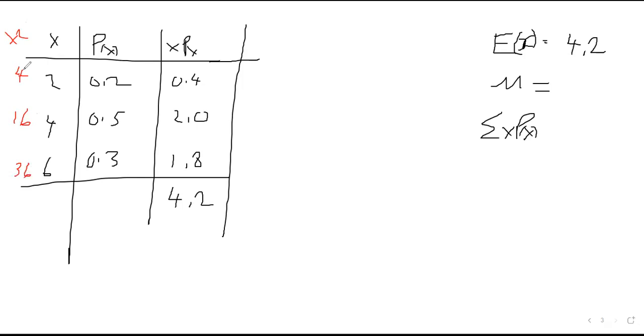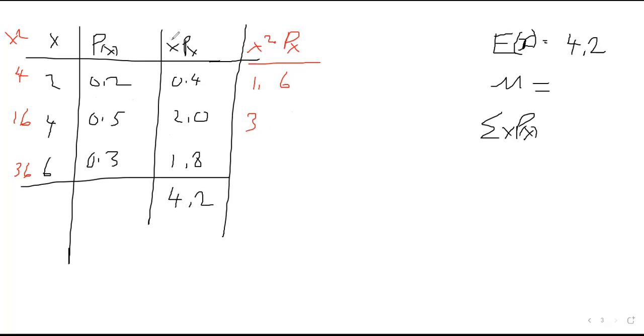Don't sum anything up yet. So you multiply 4 times 0.2, and we get the summation of x squared p(x). No, what am I multiplying? It's supposed to be x squared times the probability, not these figures.